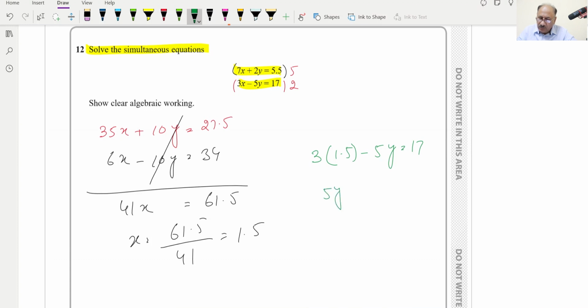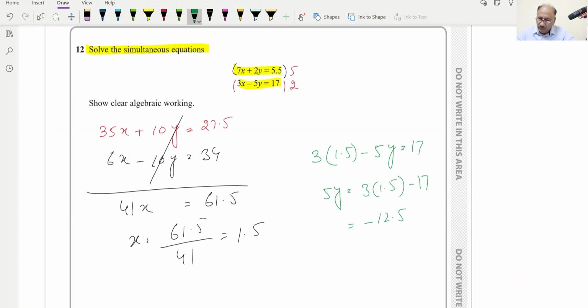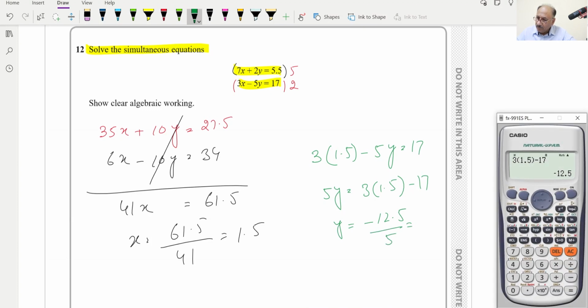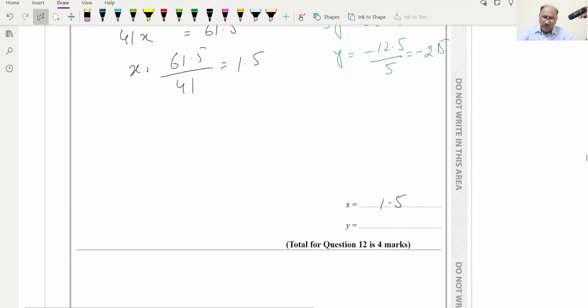So 5y is equal to 3 into 1.5 minus 17, and multiplying 3 into 1.5 and minus 17 will be equal to minus 12.5, and this will be divided by 5 to get rid of the coefficient of y, and we will get the answer minus 2.5. Minus 2.5 will be our y value, which we can provide over here.